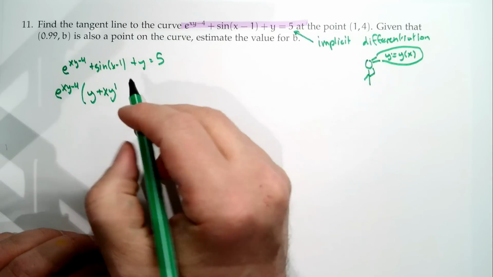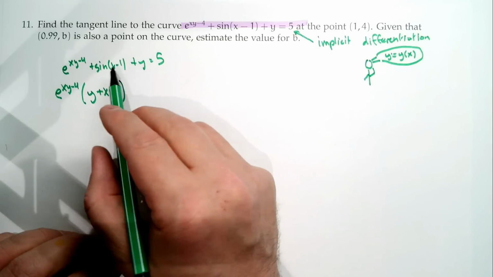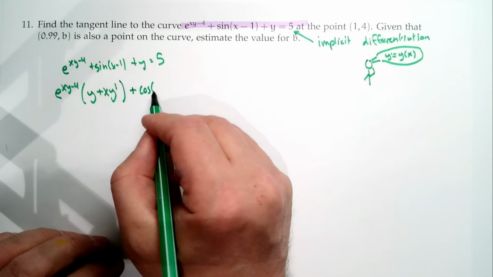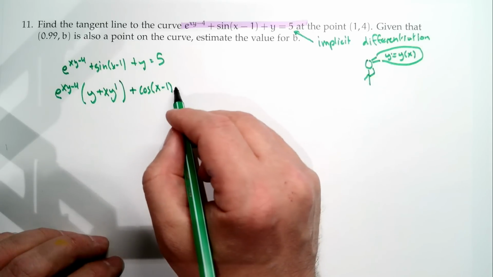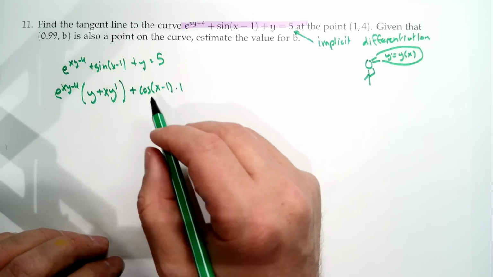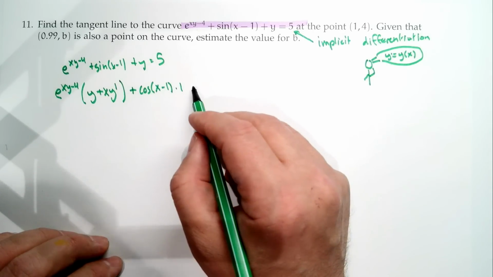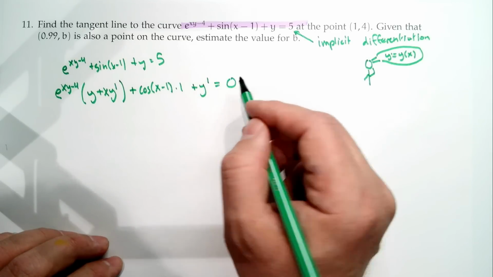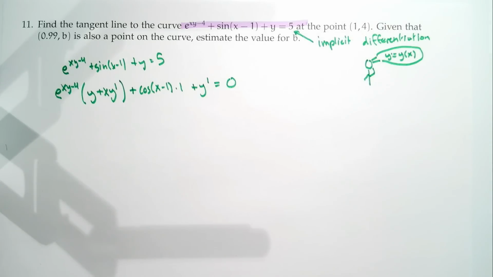The minus 4, well, that's 0, because that's a constant. The derivative of sine of x minus 1, derivative of sine is cosine. So cosine x minus 1. And I can even times it by the derivative of the inside, which is 1. The derivative of y is y prime. And then the derivative of 5 is 0. So that's the derivative of both sides with respect to x.